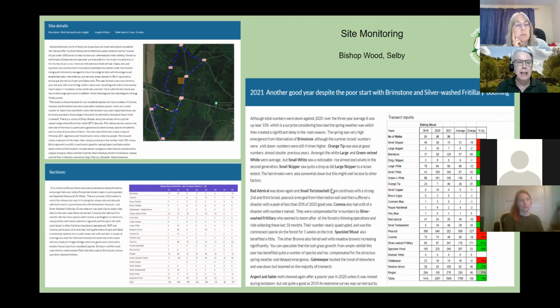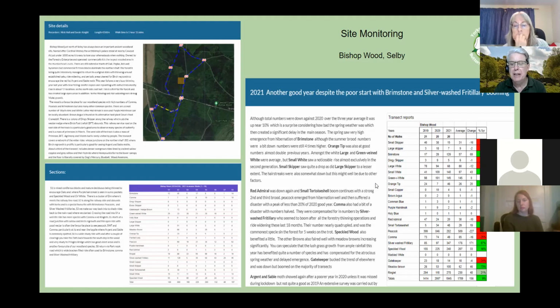What you'll see is the route we walk, the characteristics and habitats of the site, the different species and roughly whereabouts they occur, and the sections that make up a transect. As you know, transects are divided into a number of sections, usually by habitat or some other indicator. This sheet shows you where each of the species occurs in each of the transects, so you get a much better feel of what's what on your transect from that chart.